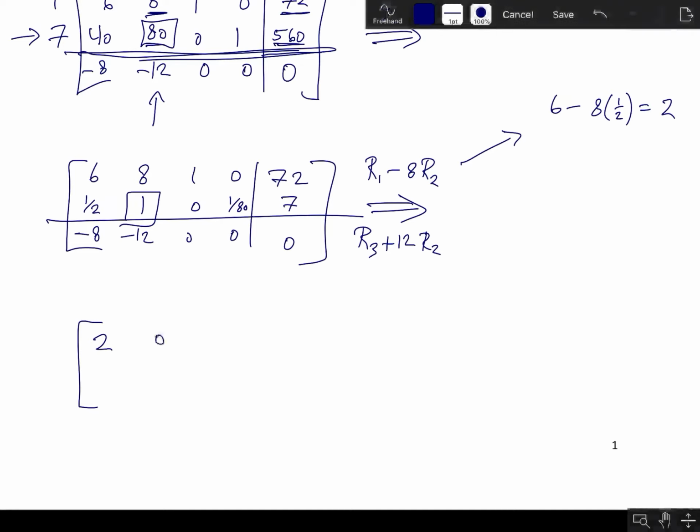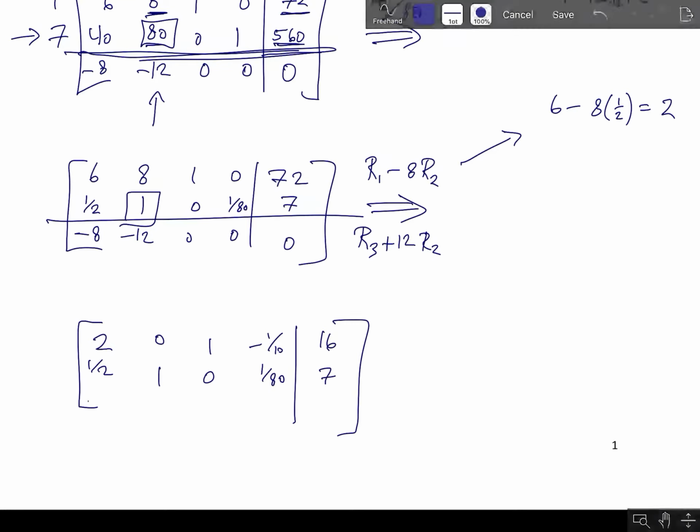Okay, so anyway, what we get as the end of this set of row operations is this matrix. So I'm just going to copy it down real quick. And now we have eliminated the entries in the pivot row that we wanted to. So we should get a negative 2, 0, 0, 12 eightieths, and 84.